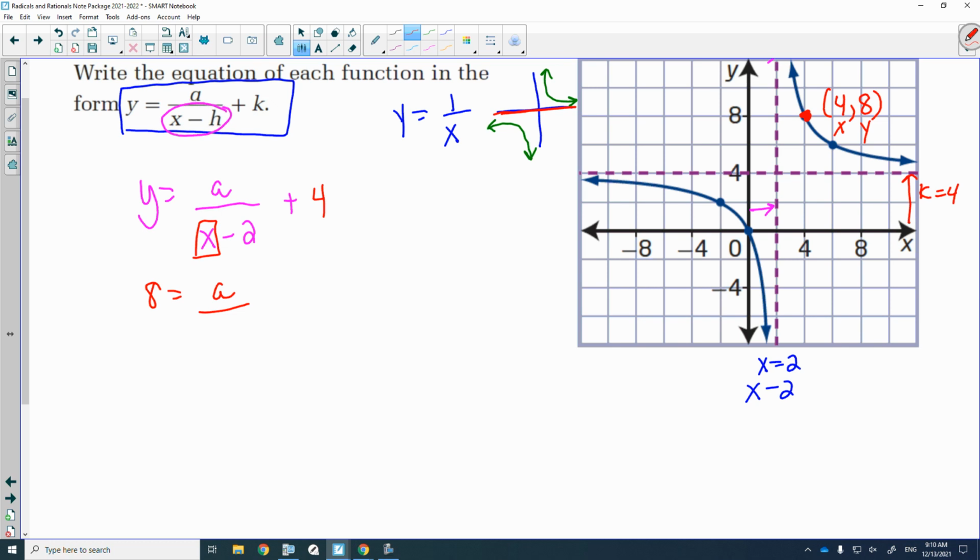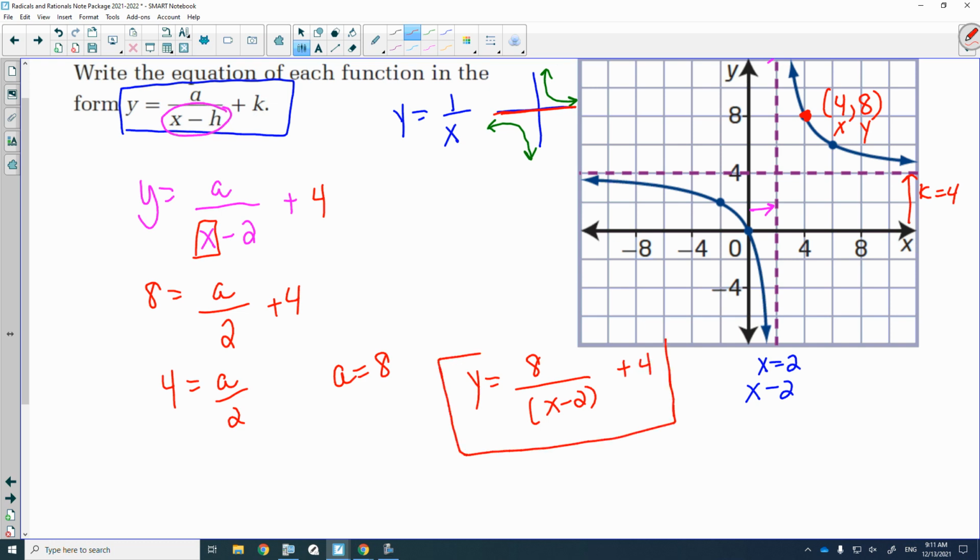So 4 minus 2 would give me 2. Let's isolate this rational by subtracting 4 from both sides. And then isolate a by multiplying both sides by 2. And we get a is equal to 8. So the equation was 8 over x minus 2 plus our k value was 4.